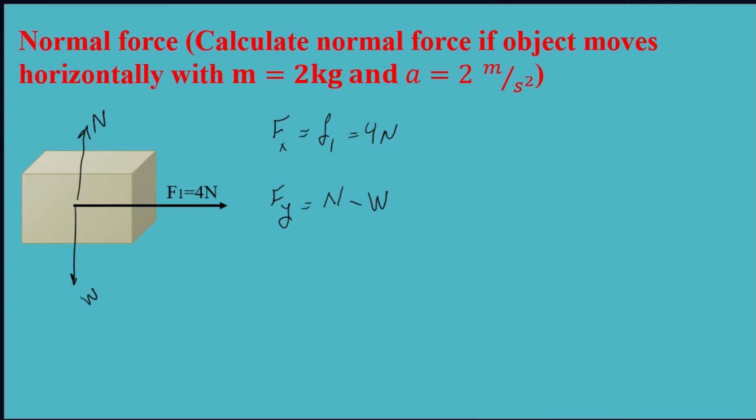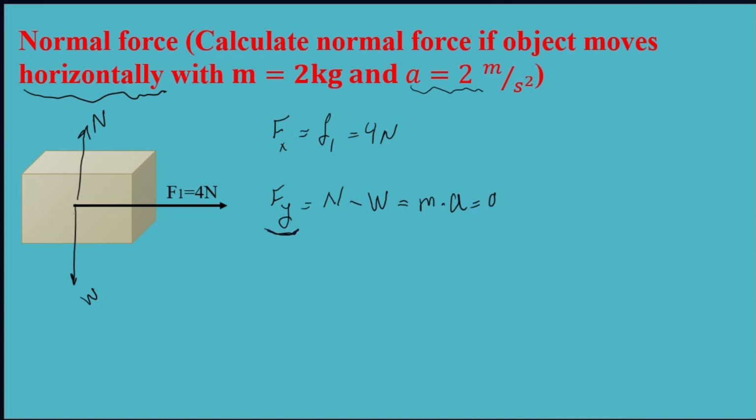The second trick here is that it says the object moves horizontally, right? So there is no acceleration in the y direction. So here my m times a is going to be 0 because the object moves horizontally. If it said the object moves vertically, then the acceleration of 2 meters per second squared would apply to Fy.